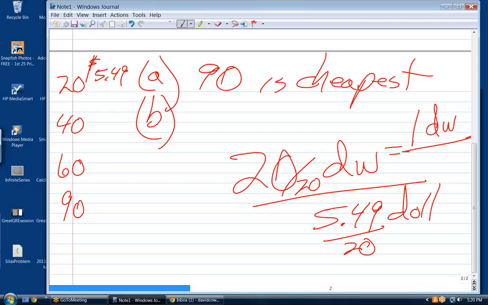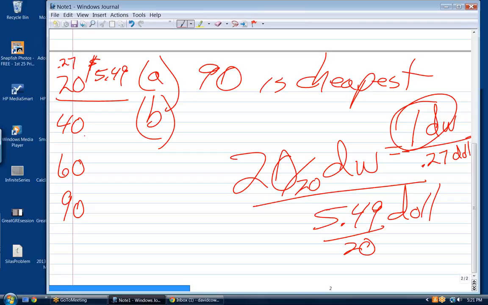Okay. 5.49 divided by 20. About 27 cents. So $0.27. In other words, in this packaging, each one costs 27 cents. Okay, so let's write that here.